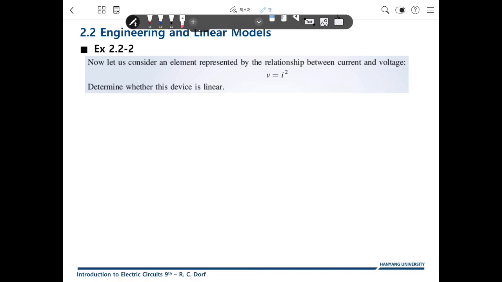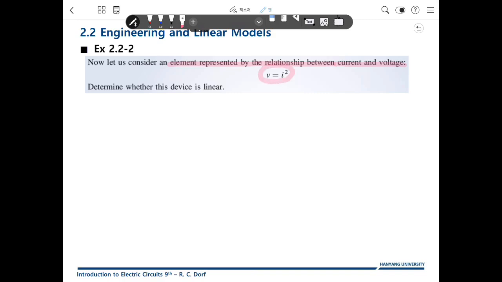This is another example in your textbook. The second example is a similar thing. Let us find the element represented by the relation between the current and voltage. I don't know what that is, actually, you cannot define what that is, but anyway, some device in these categories.